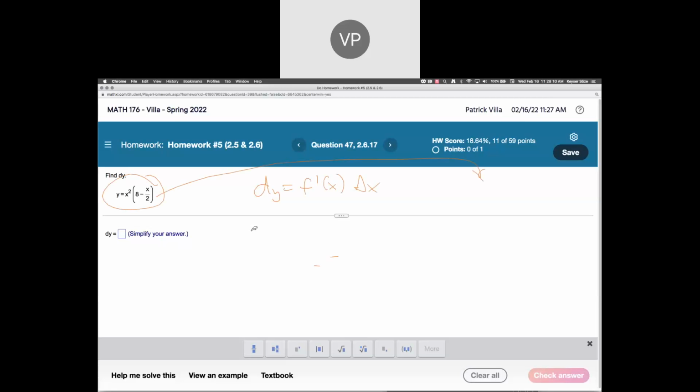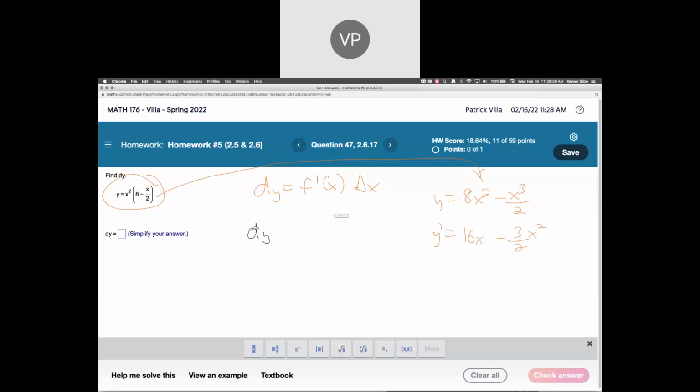So I'm going to multiply everything out so that we can actually find the derivative. Remember, you want individual terms. You don't want parentheses of things multiplying together. Individual terms, all regular powers of x. So my y prime is going to be 16x minus 3/2 x squared. Again, pause. Make sure you're clear how I got this derivative.